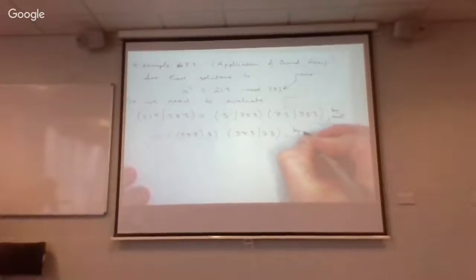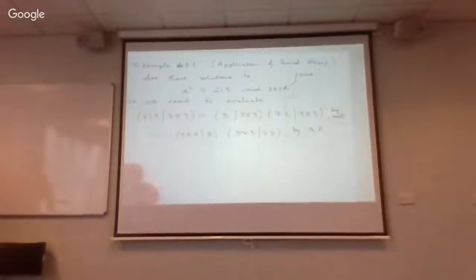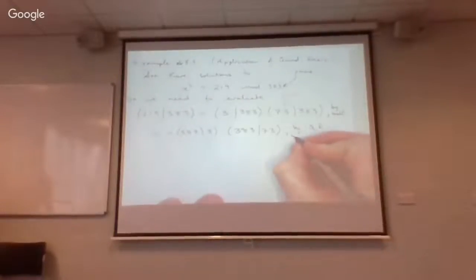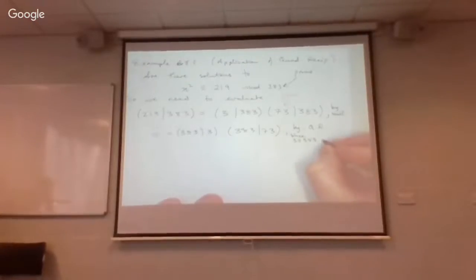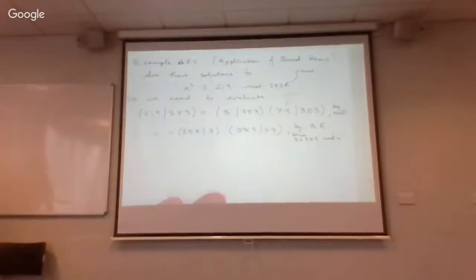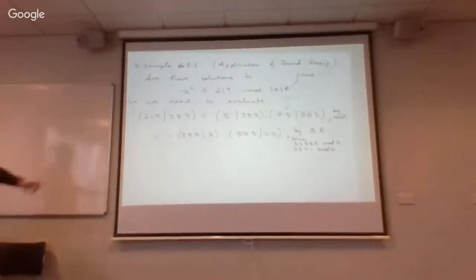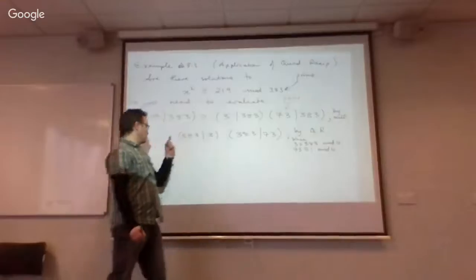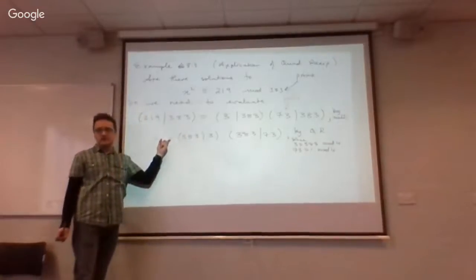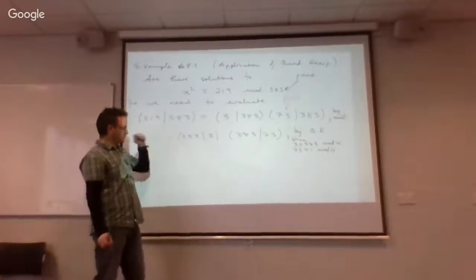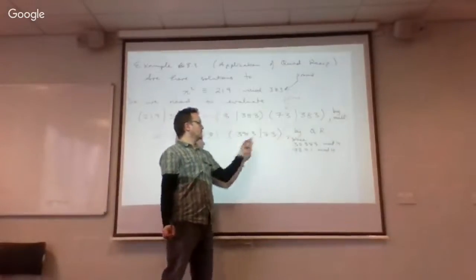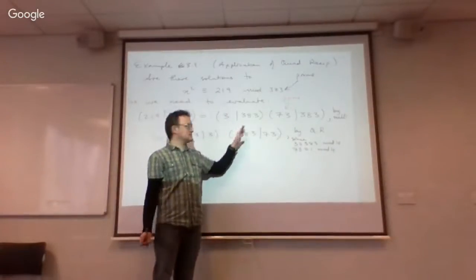This is by QR, since 3 and 383 are both congruent to 3 modulo 4, and 73 is congruent to 1. So we can flip the first one, but we have to flip the sign as well, so we multiply it by -1. And we can flip the second one. We don't need a sign, it has the same sign.